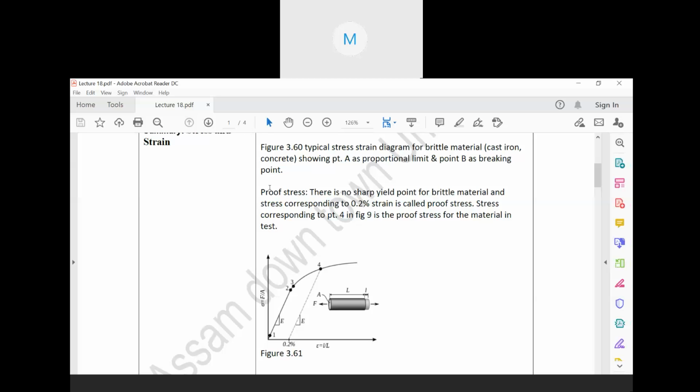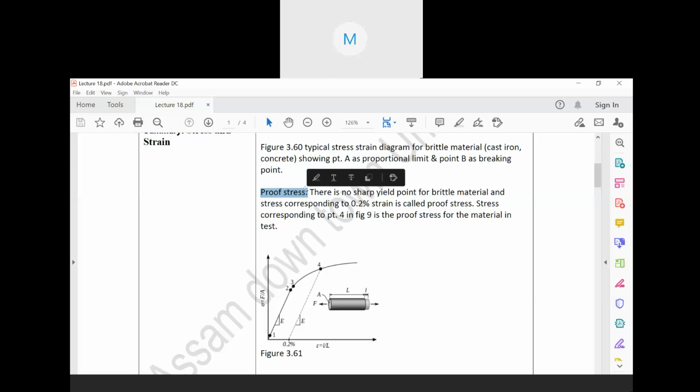Now there is one term called proof stress. You have to remember this term. The stress corresponding to 0.2% strain is called proof stress.